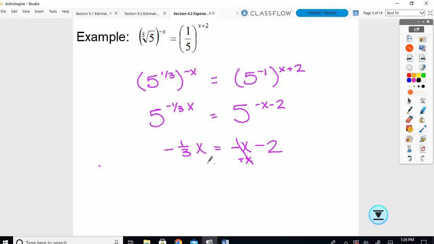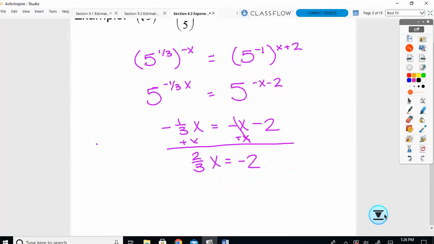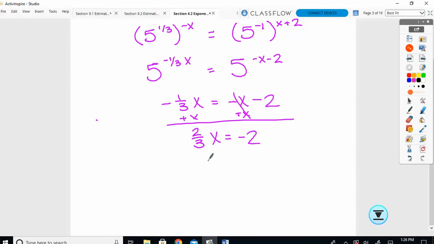If we add over the x, then you can divide by 2/3 or multiply by 3/2, and we get negative 3. Is that okay?